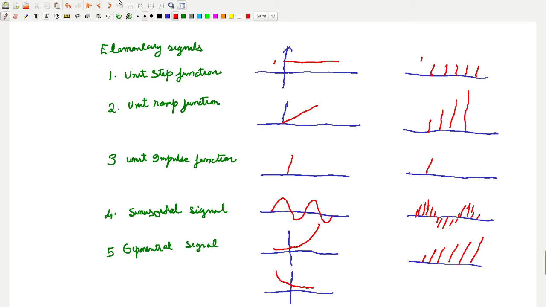Also these signals are denoted by some terminologies which are important. The unit step function is denoted by u, and if it is continuous it will be u of t. Here it is discrete, so it is u of n. Similarly, the ramp function is denoted by r of t. If it is discrete, it is r of n.